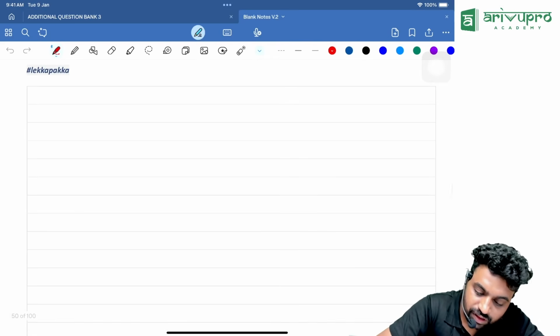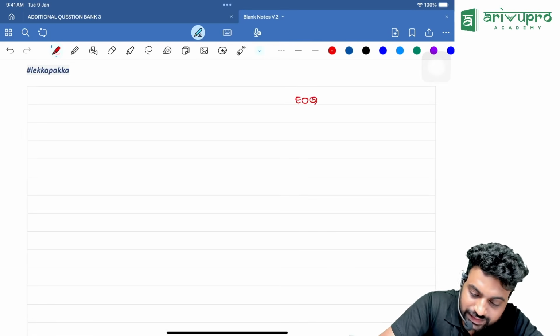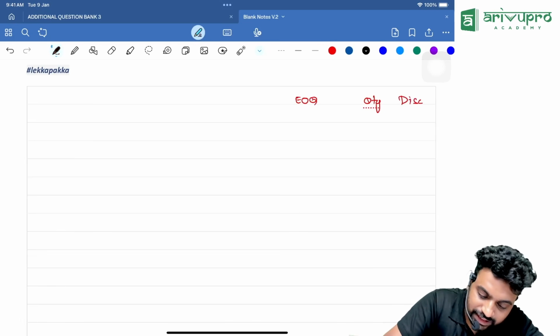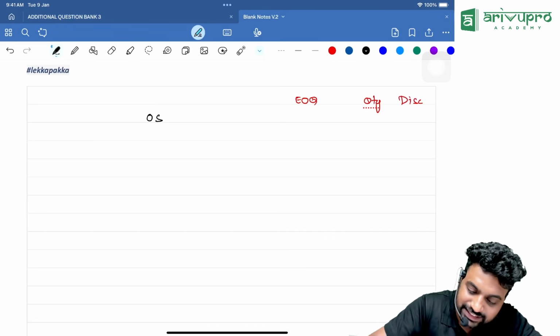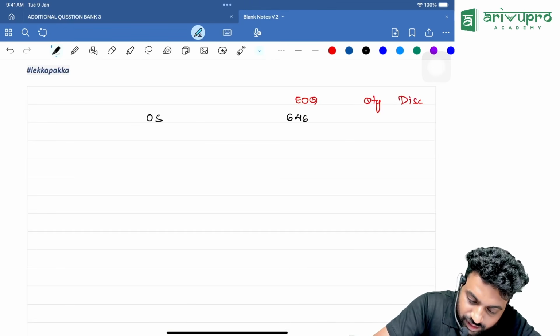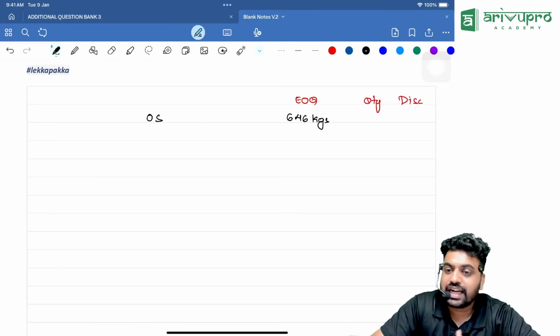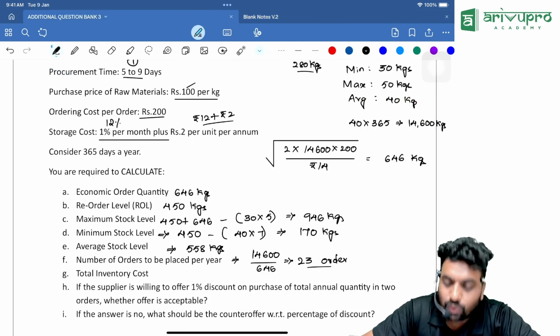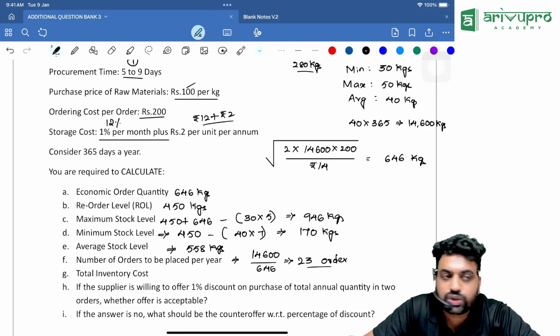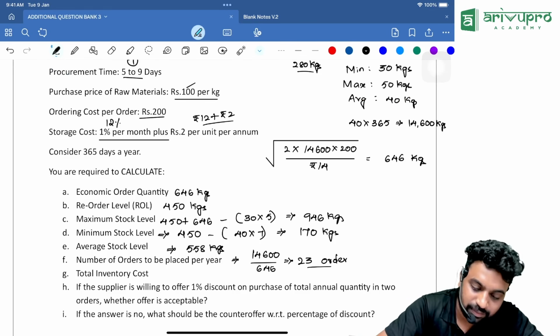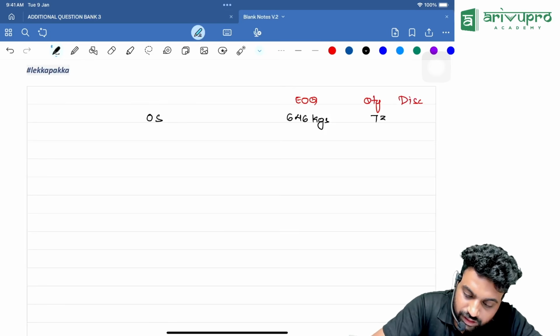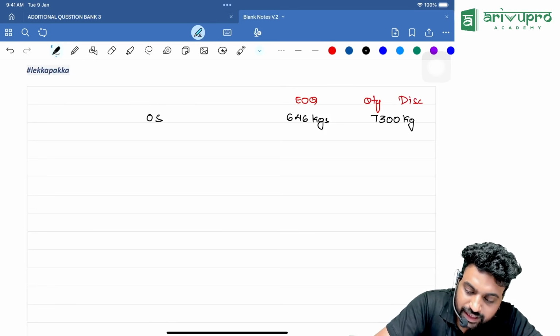Listen here. One is EOQ. One is quantity discount. Order size. Under EOQ, we computed our order size to be 646 kgs. Correct? Whereas in quantity discount, they are telling whatever the annual requirement is there, that you should take it in 2 orders, which means 14,600 in 2 orders, which will come to 7,300 kgs per order.